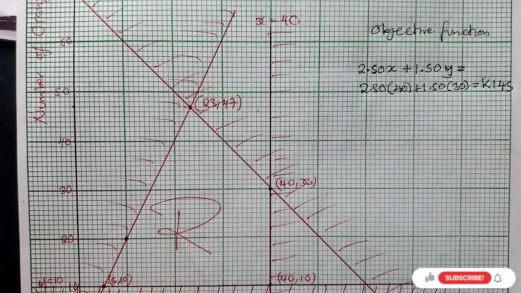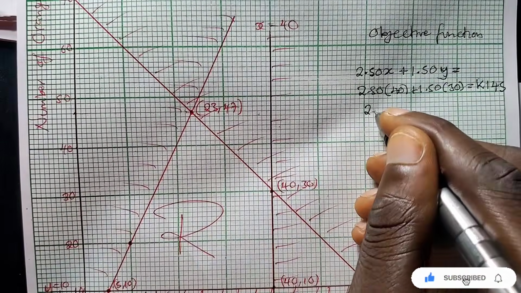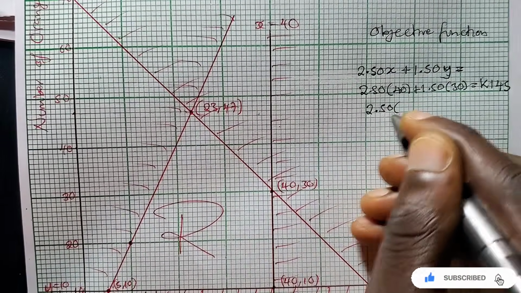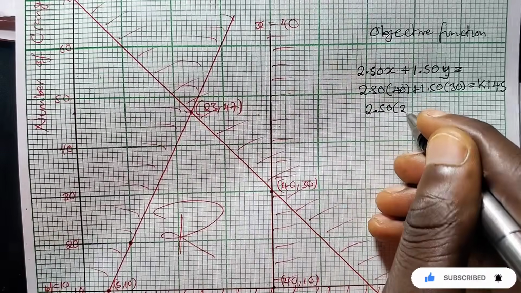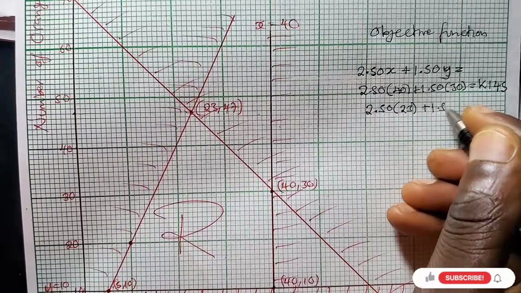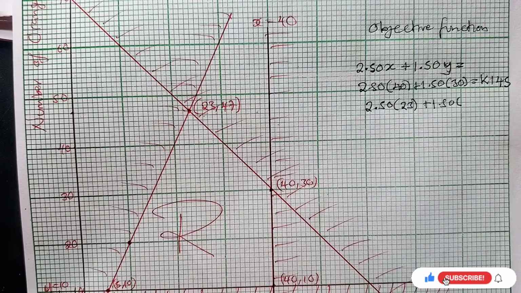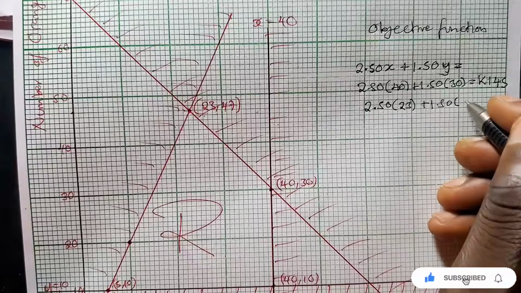Okay, let's also try this, if at all it's going to give us the maximum profit. So the profit is still 2.50 multiplied by the value of x there, which is 23. The profit here is 1.50 then the value of y, or oranges, we have 47 oranges here.